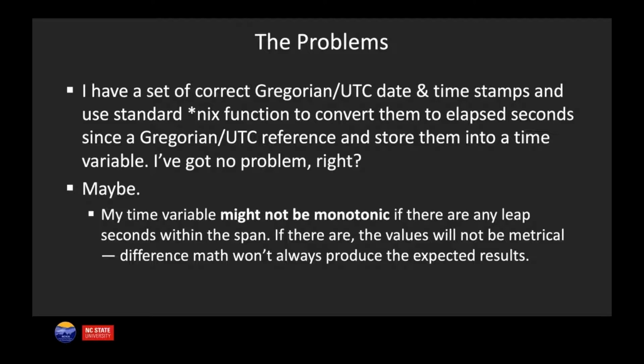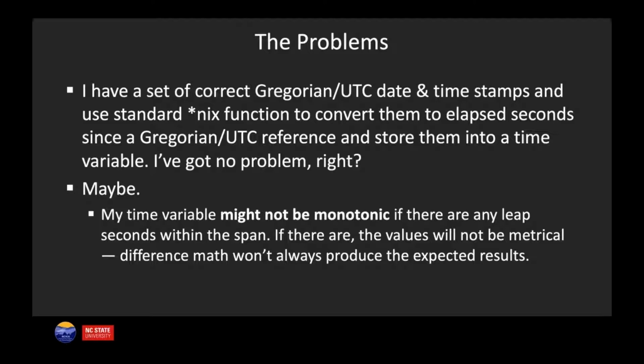So the problems that we see coming out of all this would be, first off, I have a valid UTC time for my reference time, and I have true elapsed times in my variable, right? So I've got no problem, right?